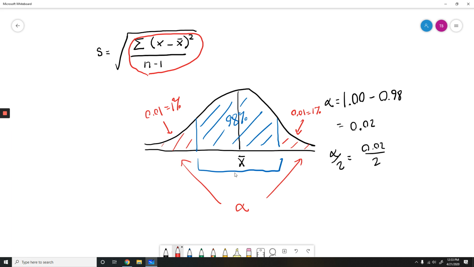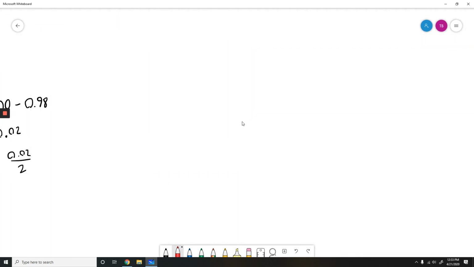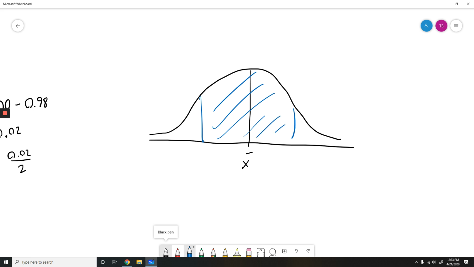Okay, and let me get a little bit more room here. So we kind of have the same picture over here. This was our 98%. Okay, and we discovered we have 1% or 0.01 in each tail. That's the area left in each tail.